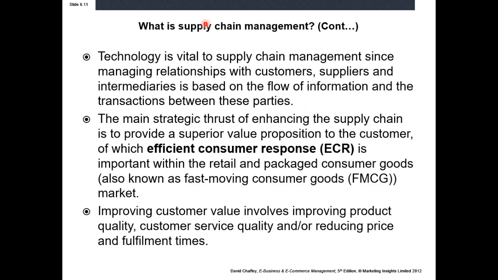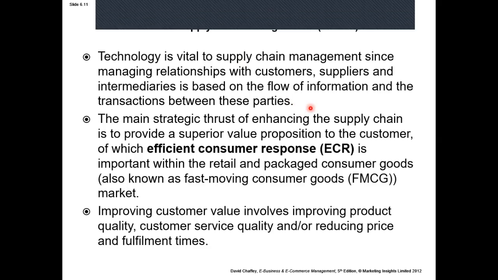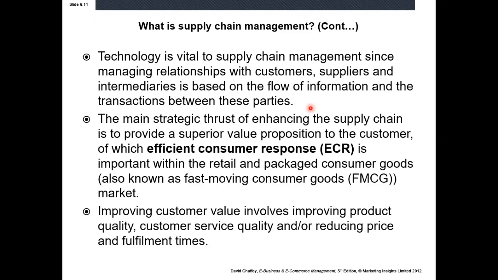So I have a small video clip to show you. Now we have discussed several concepts which we talk about when it comes to supply chain management. We understood what supply chain is, what supply chain management is, who the main players in the supply chain are, and what sort of things get exchanged within this process.